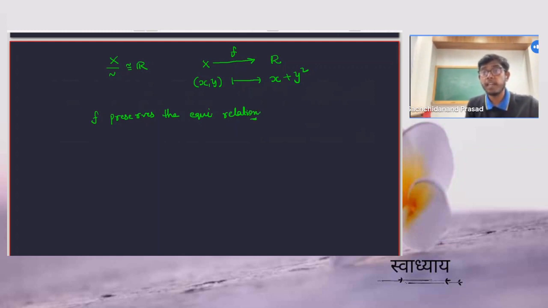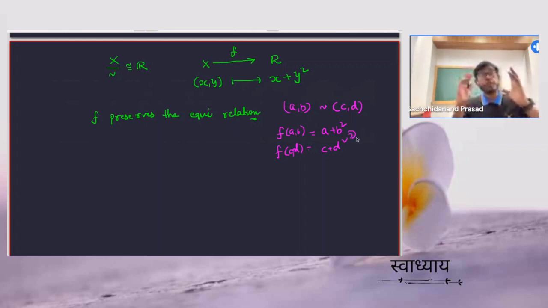It means that if I have two points (a, b) and (c, d), then f of (a, b) is a plus b squared, and f of (c, d) is c plus d squared, but they are related, so these two are the same. And hence f preserves the equivalence relation.